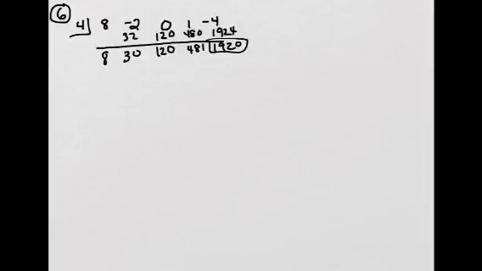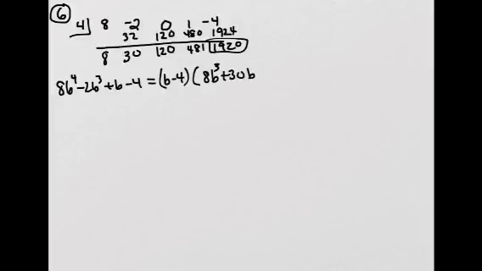So when you write the answer, I'm going to write it in standard form, so it's going to be 8b to the fourth minus 2b cubed plus b minus 4. So the dividend equals the divisor times the quotient, squared plus 120.